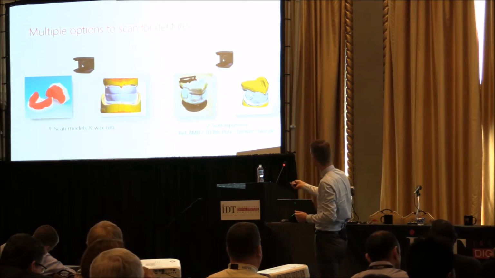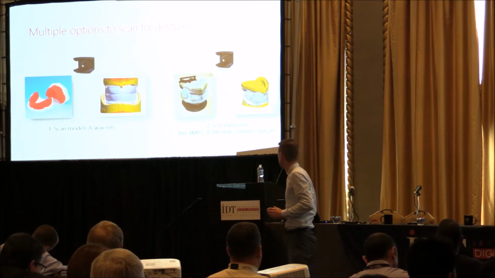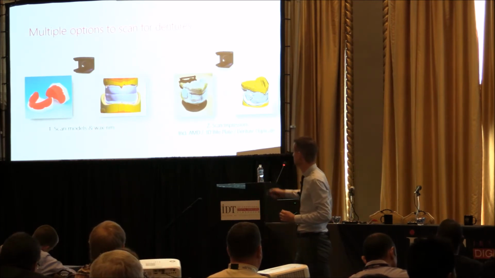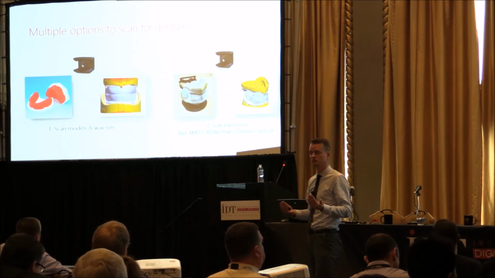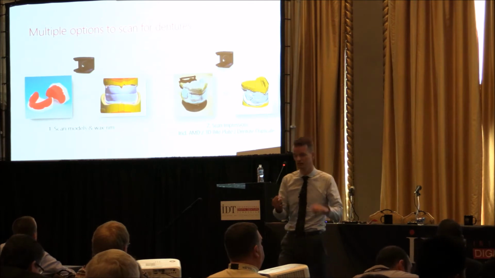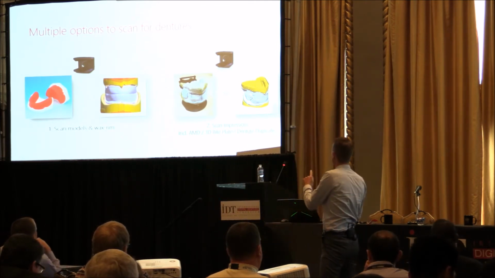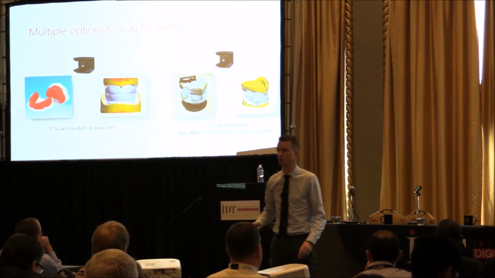You can also scan impressions, you can do the 3D bite plate from Ivoclar, which is really cool. You can also just take a duplicate impression and scan that. And when it comes into the software, there is no difference, whether it's a gypsum model scan, whether it's an intraoral scan from a TRIOS or potentially someone else, or whether it's an impression scan. There is no difference in the software when it has been converted.